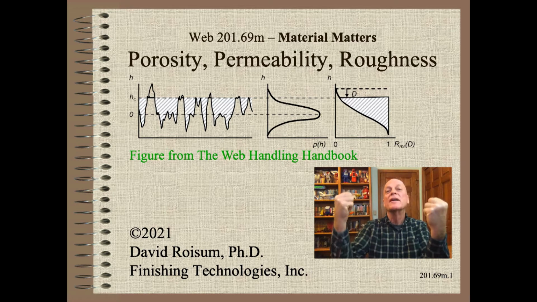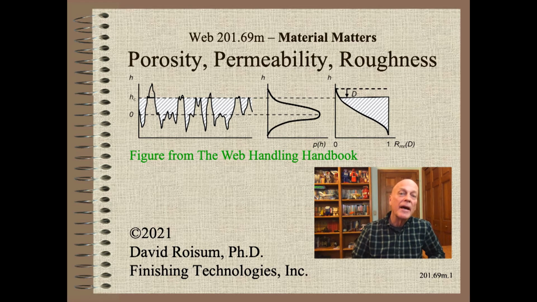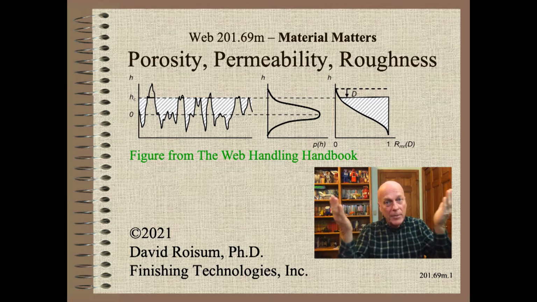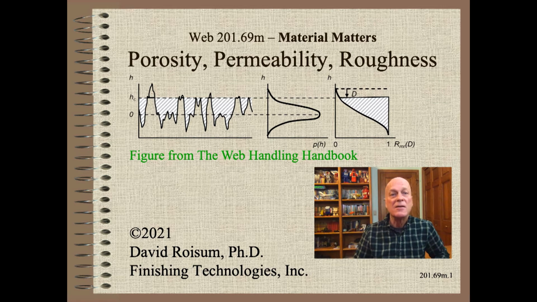I am super excited to continue our Material Matters mini-series with a discussion of porosity, permeability, and roughness. This last clip in our Material Properties series is one of the most difficult for three reasons. First, it is not important to some of you, such as a film converter running at very slow speeds, just as one example.